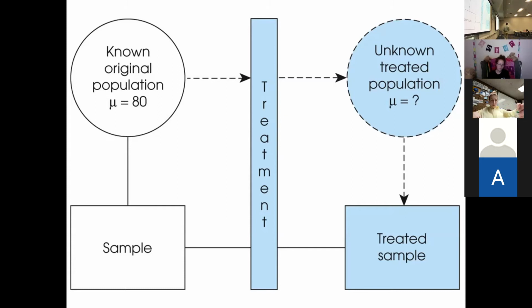And what we're trying to infer, after we establish the treatment or the intervention, is what is the ground truth of the new population over here, which is representing the entirety of the population that would be treated.